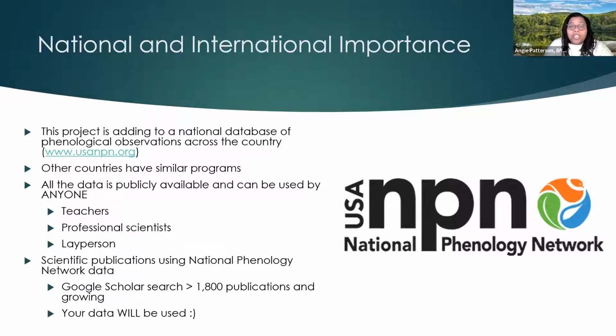Scientific publications using the NPN data amount to over 1,800 publications and growing. So this is a very exciting opportunity for you to contribute data that will be used by professional scientists locally, regionally, nationally, and internationally, which is the goal of our Phenology Trail Monitoring Program.